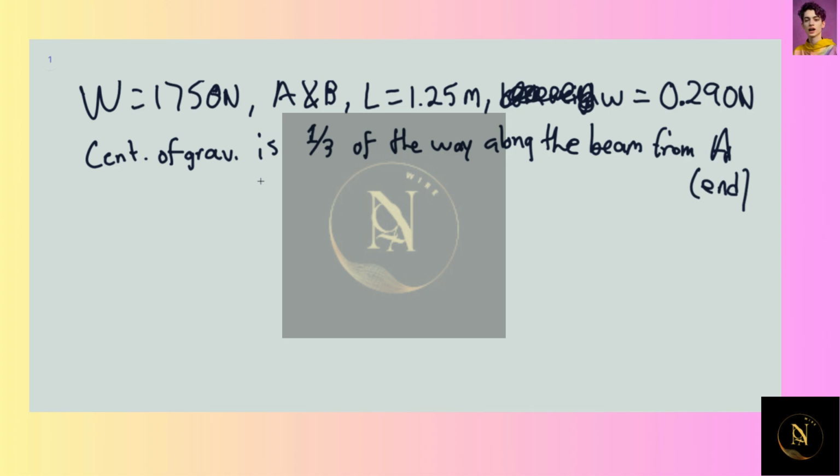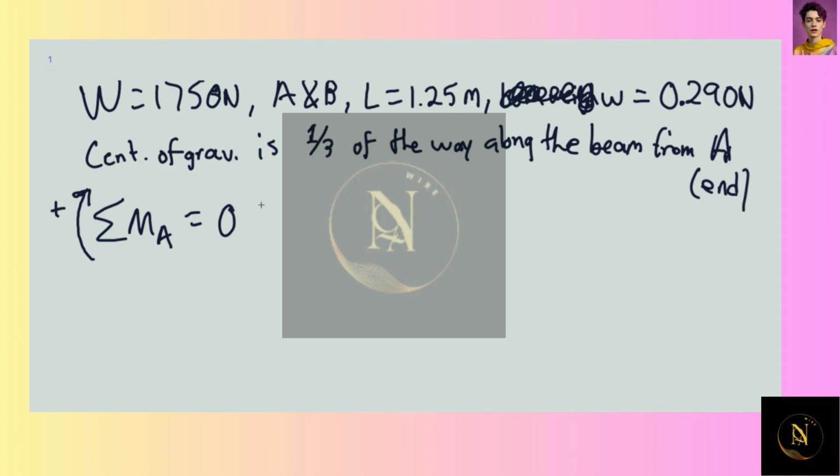So here we can sum the moments. We can take the sum of the moments about one end so that we can find the tension at the other end. The sum of the moments about end A, taking clockwise to be positive, equals 0 because this beam is stationary.